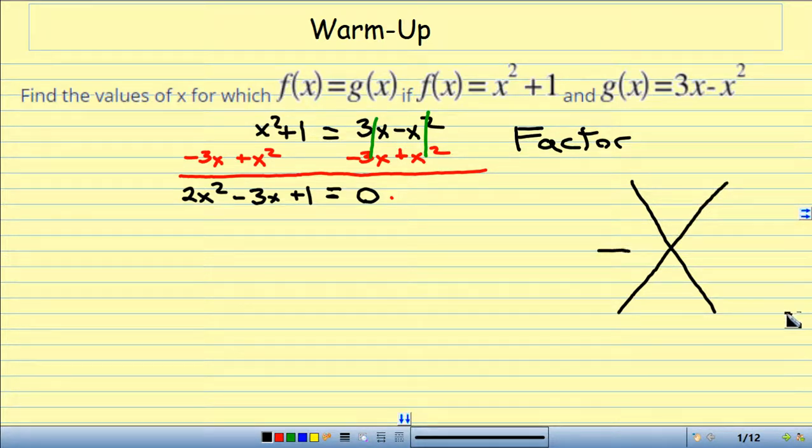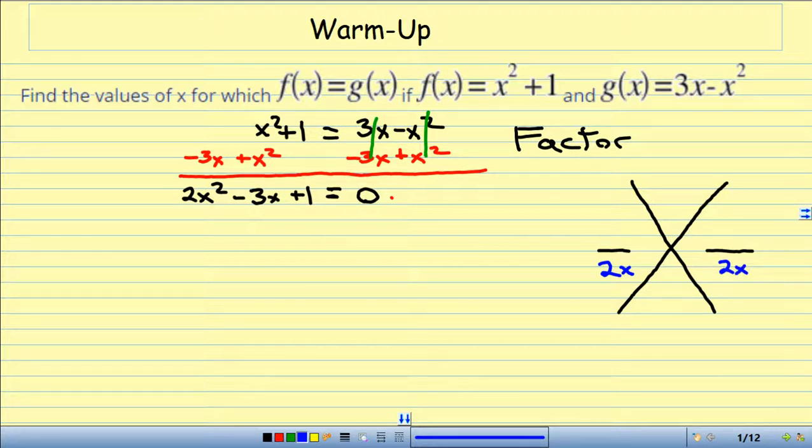So when you factor and you have a leading coefficient, which basically means the coefficient of x squared, when that leading coefficient is not the number 1, you're going to put whatever it is, and x on the bottom.